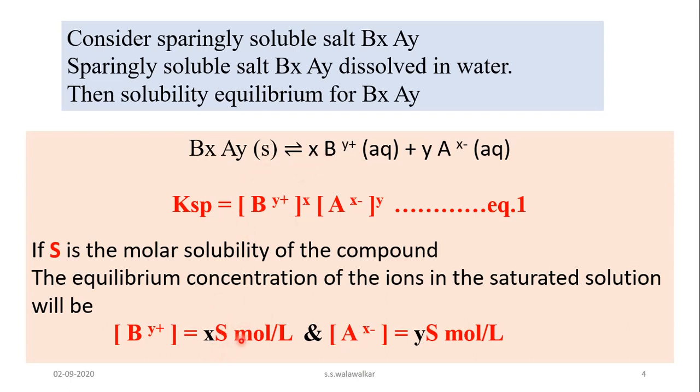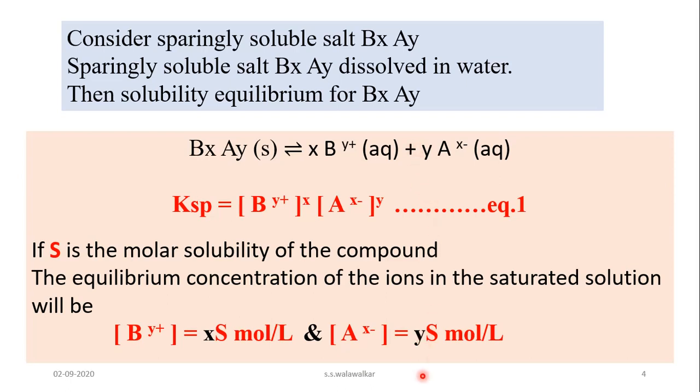So x times S is the equilibrium concentration of B ions, and the equilibrium concentration of A ions is y times S, where S is the solubility and y is the coefficient of the A ion.